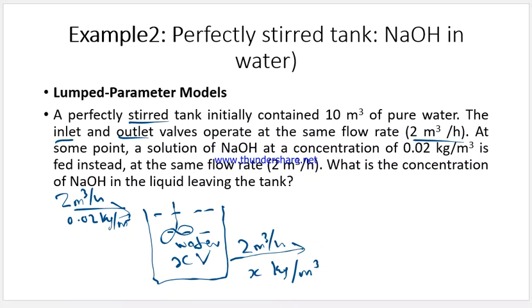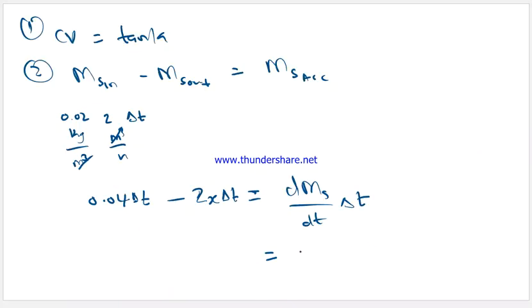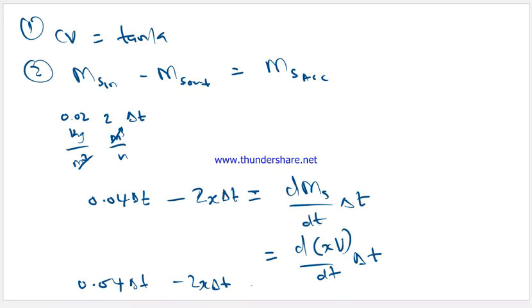So therefore, we go back here and we say it is equal to d(XV)/dt delta T. So when we simplify that, we are going to have 0.04 delta T minus 2X delta T, and V is constant. So V can come out: V dX/dt delta T.